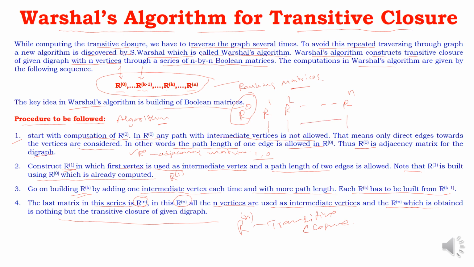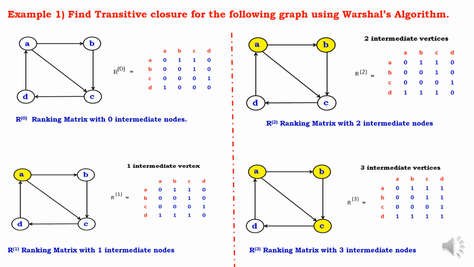To make it clear, let me take an example and derive ranking matrices R0 to Rn. Find the transitive closure for the following graph using Warshall's algorithm. The graph given has vertices A, B, C, D. It is a digraph.